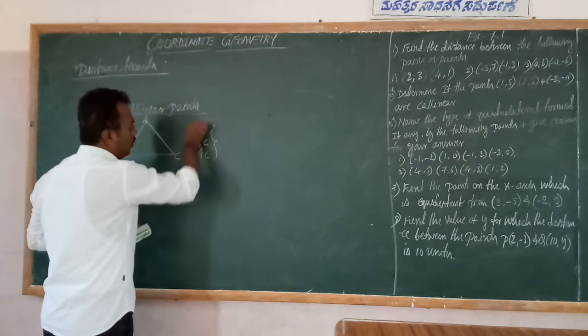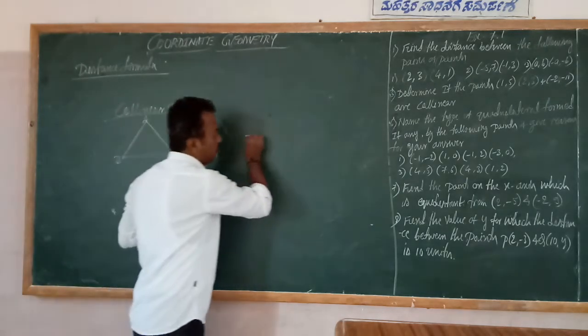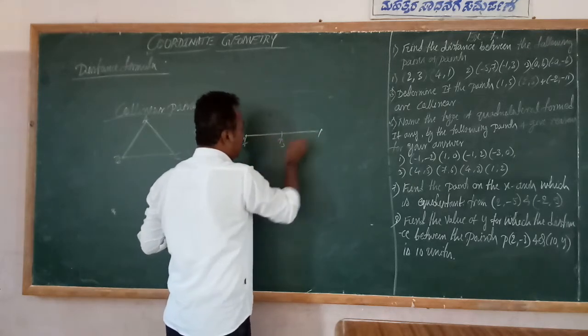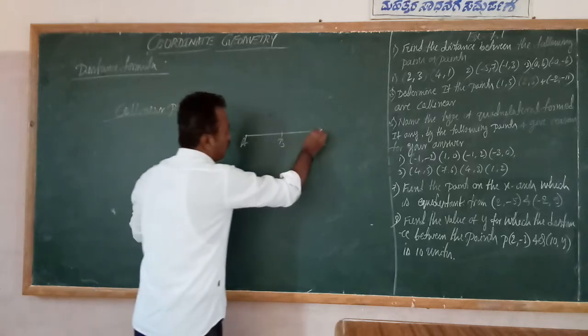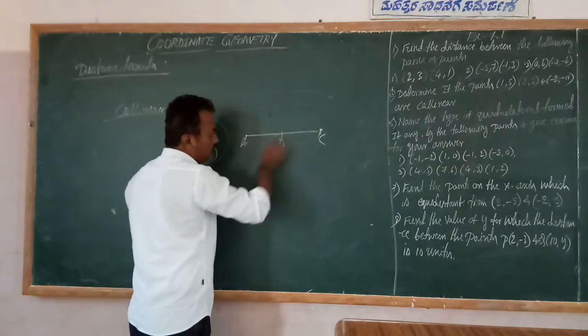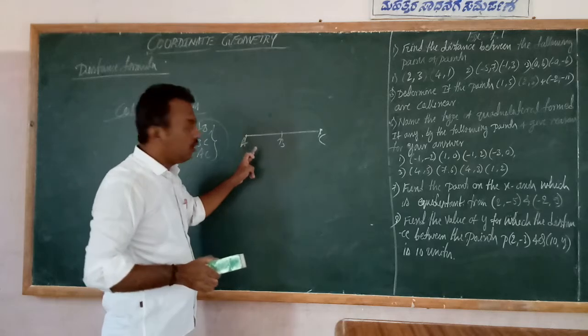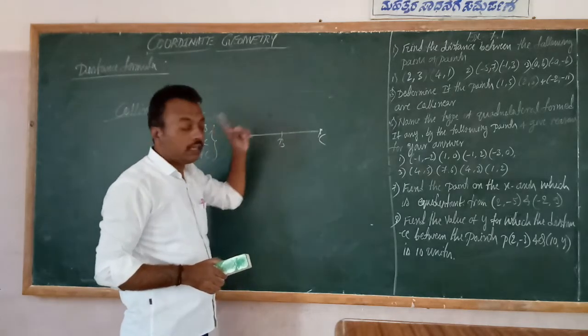We can take any three points on the same straight line, A, B and C. Are these points collinear or not? How do we check whether these three points are collinear or non-collinear? By using the distance formula.